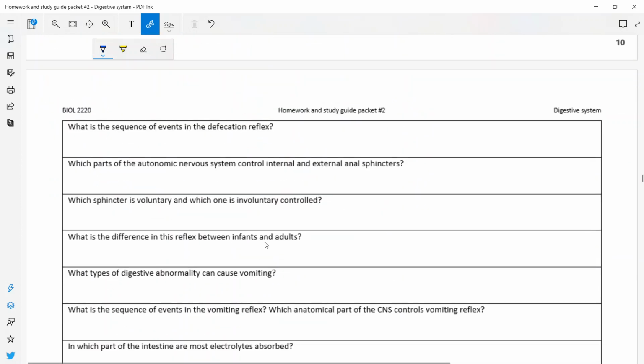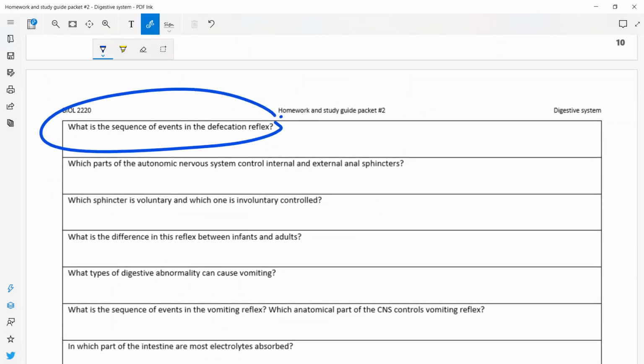Defecation: stretch of the rectum, signal goes to the local plexuses and to the brain, and then the response is relaxation of the internal anal sphincter, that's involuntary, and then the brain gives the signal when it is ready to relax the external sphincter, which is voluntary.